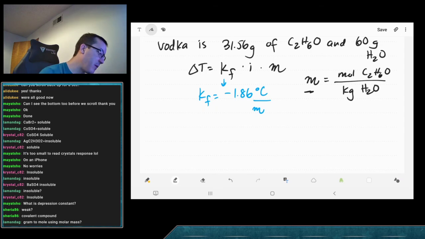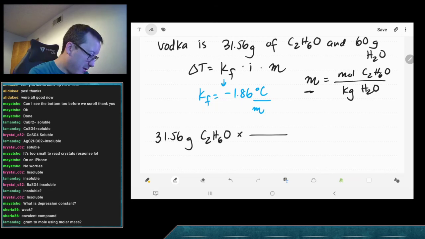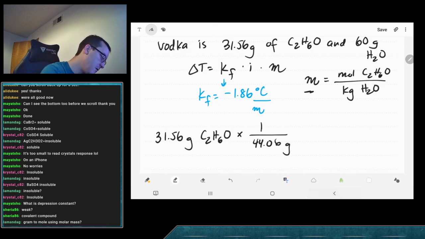Yes, exactly, molar mass. Let's see, it'll be 12 plus 16 plus 6, so 44.06 grams, something like that.